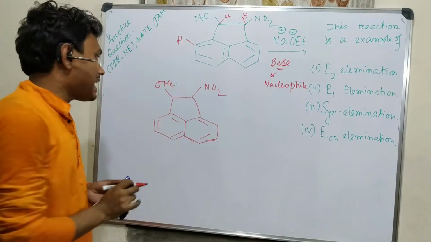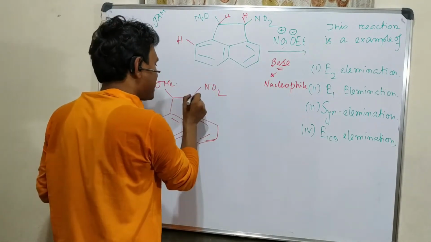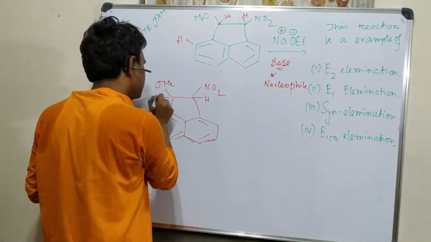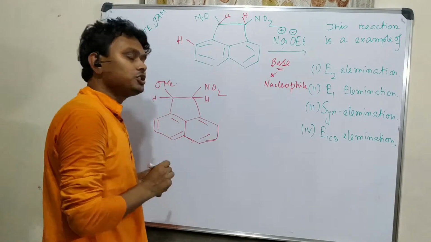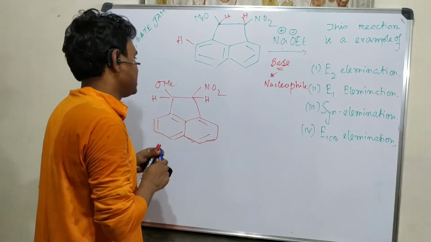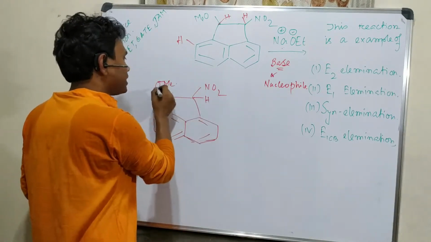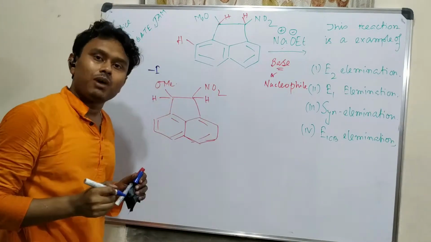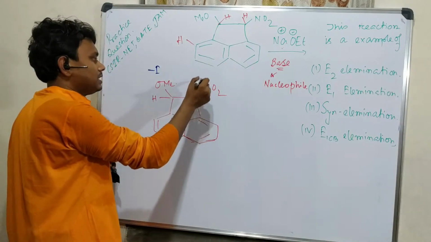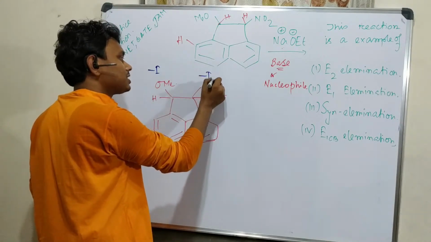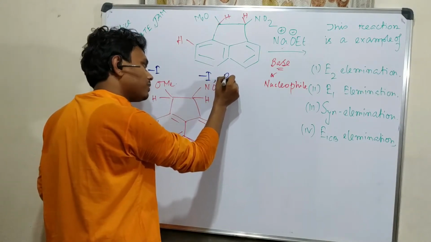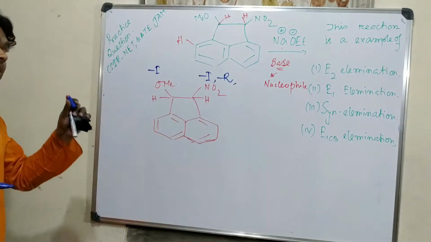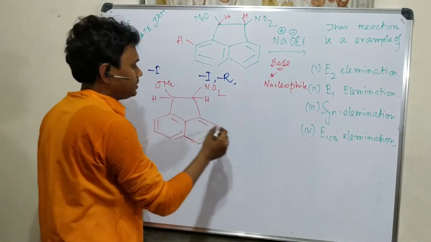Now, if we compare the acidity of the proton attached to the nitro-bearing carbon and this other proton, which one is more acidic? First, the withdrawing effect of nitro is more, because OMe can stabilize the intermediate using only the -I effect, whereas the nitro group can stabilize the intermediate by -I as well as -R. So this indicates that the anion will be generated here.